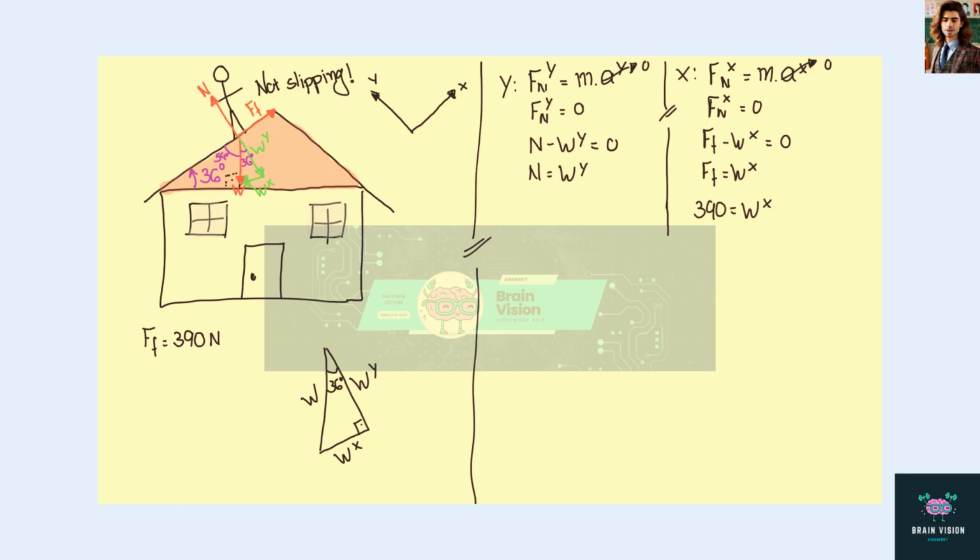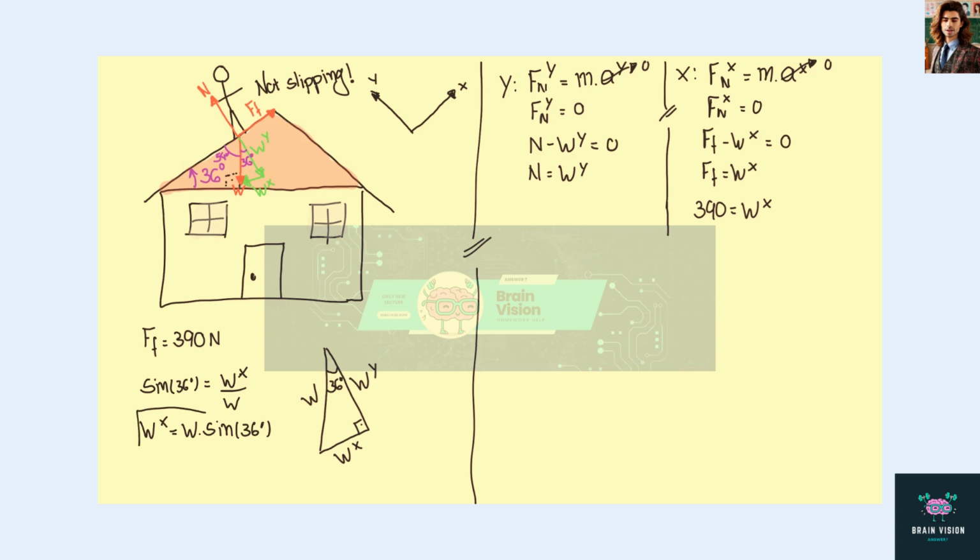Now, to calculate the x component, we can use the sine of 36 degrees, because the sine of 36 degrees is equal to the opposite side of the triangle, which is the weight component x, divided by the hypotenuse, which is the weight force itself. Then, the weight force component x is equal to the weight force times the sine of 36 degrees.